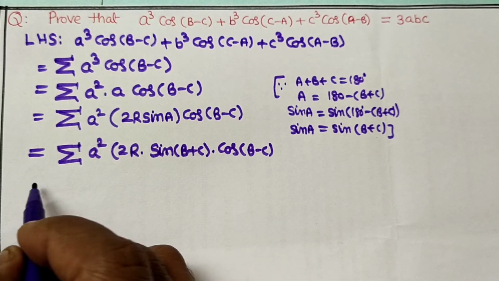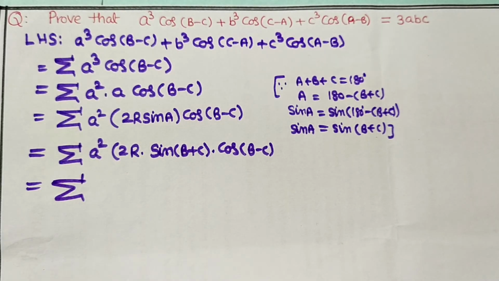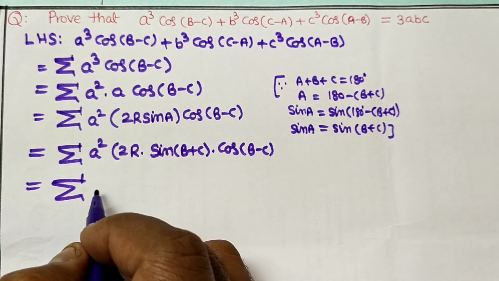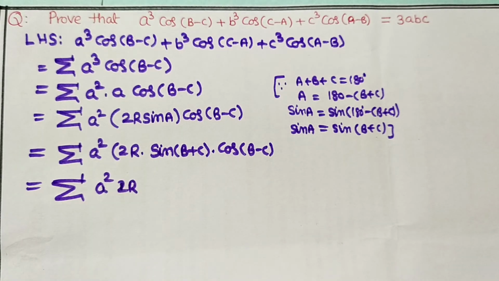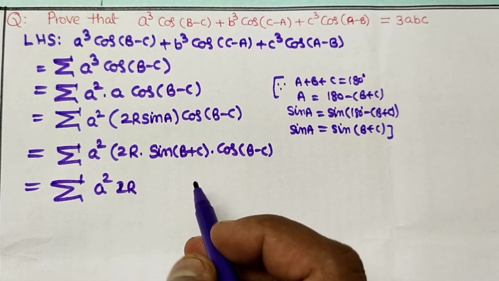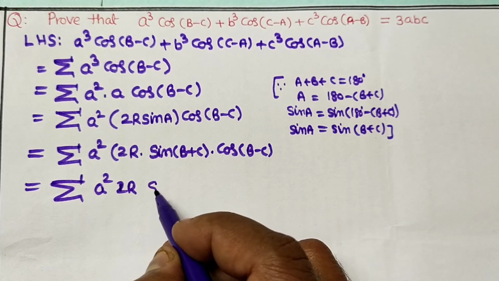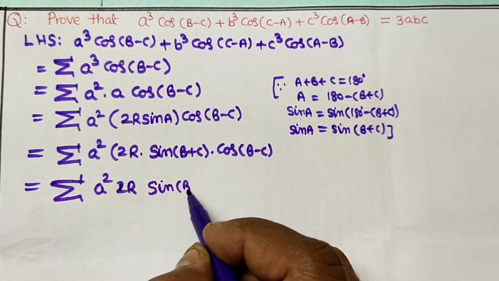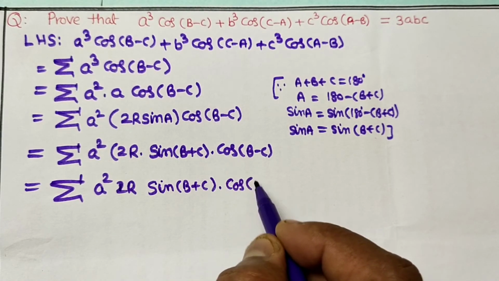We know that sigma a square into 2 into capital R, sin of b plus c into cos of b minus c.